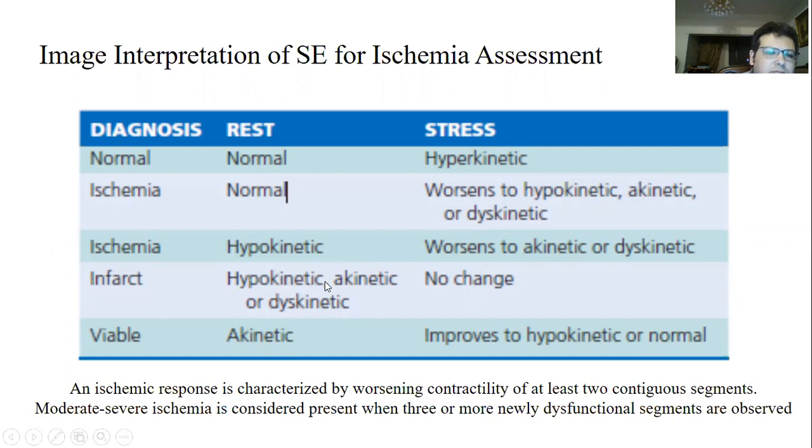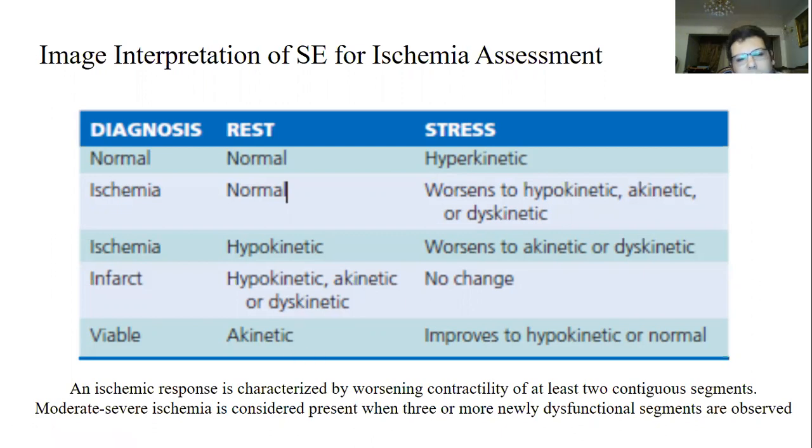Infarction: the segment at rest is either hypokinetic, akinetic, or dyskinetic, with no change in the endocardial excursion or myocardial thickening with stress. Improvement with stress from akinesia to hypokinesia or normal goes with viable myocardium.